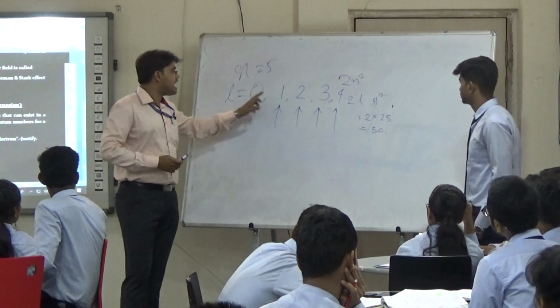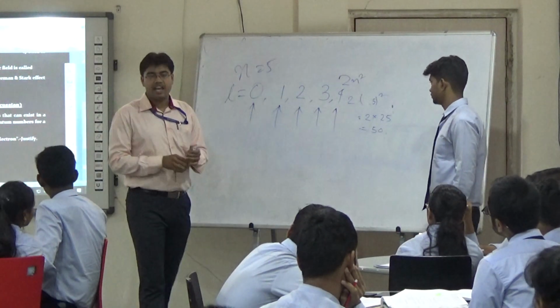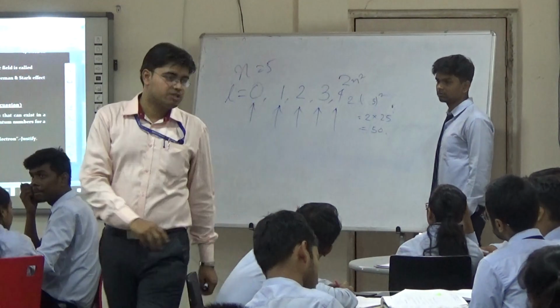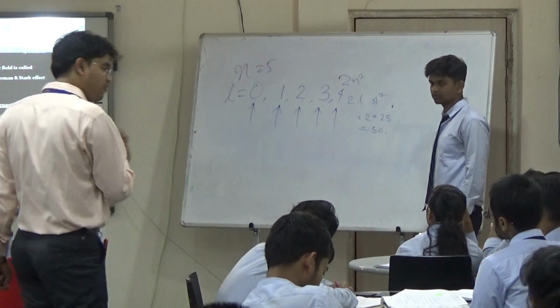Then each and every l value has some m values. So it is very complicated to explain from the quantum numbers.